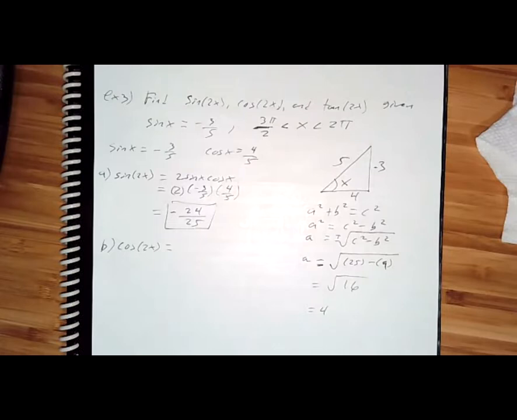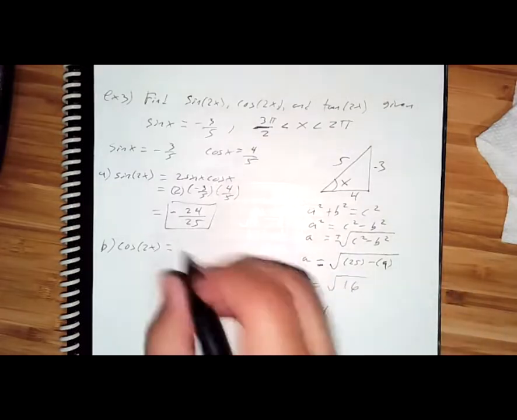All right. So cosine 2x, what do our formulas say? What is that equal to? Either cosine squared x minus sine squared x, or 2 cosine squared theta minus 1, or 1 minus 2 sine squared theta.